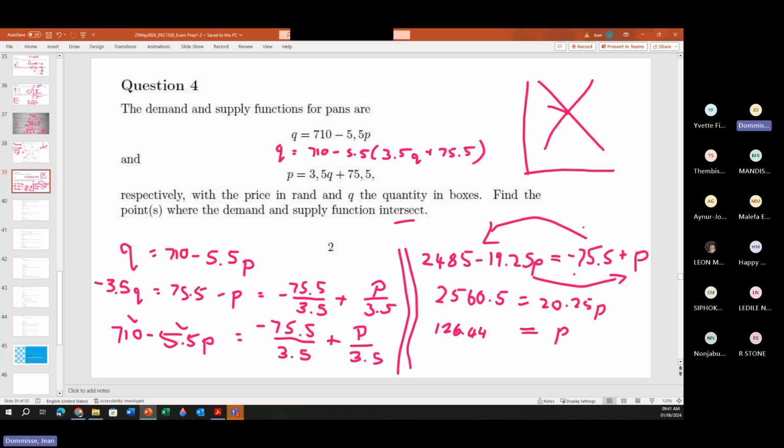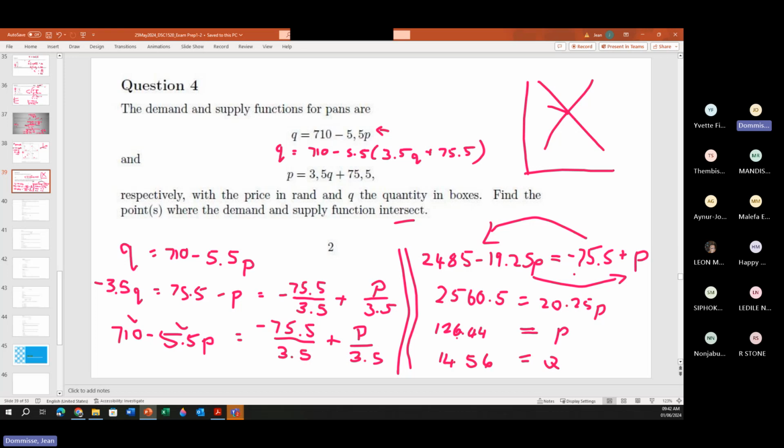I'm just worried that it's a weird number, but hopefully that is right, because if we then put the P into that original formula, so 126.44 times 5.5, and we subtract that from 710, I get that Q is 14.56.